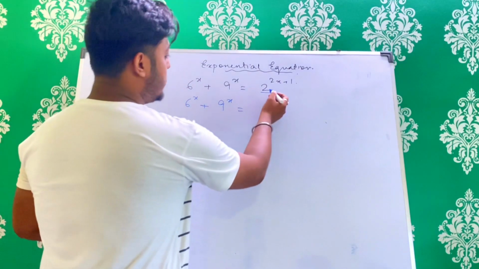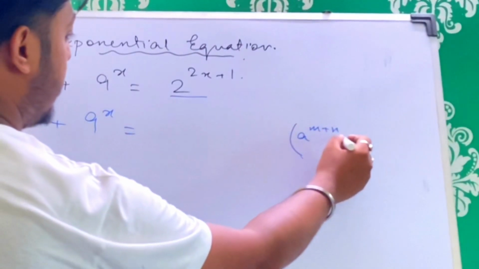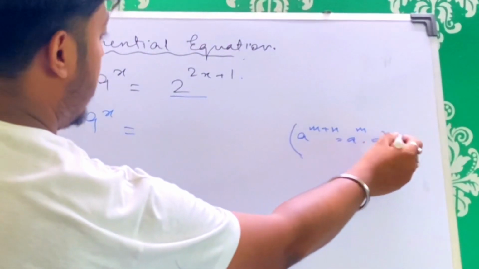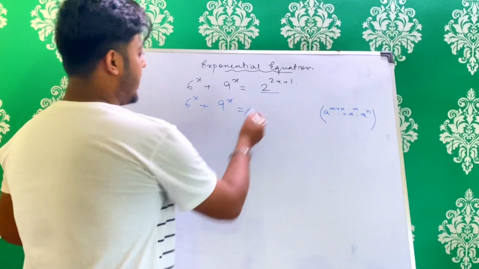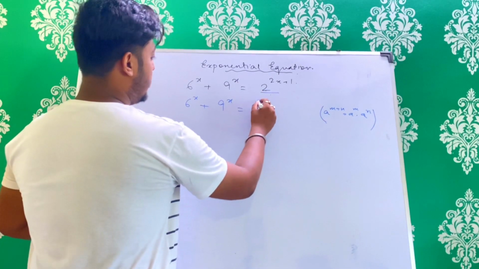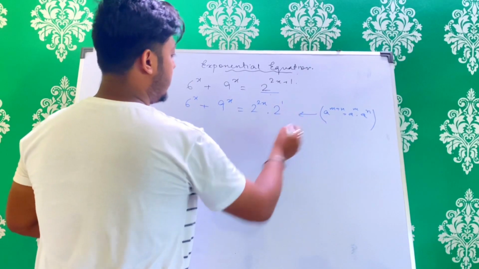Now we will use this formula: a to the power m plus n is equal to a to the power m into a to the power n. So we can write 2 to the power 2x plus 1 as 2 to the power 2x into 2 to the power 1 using this formula.